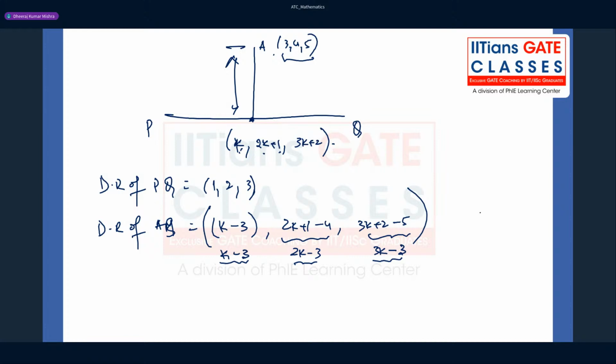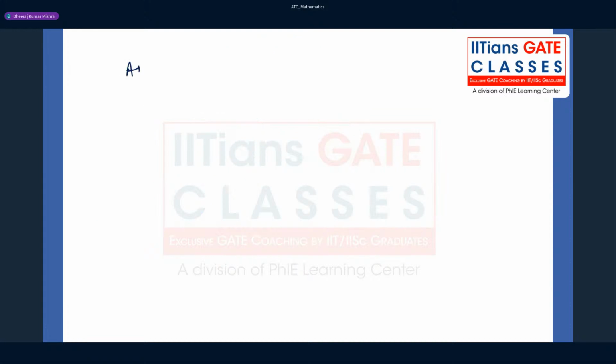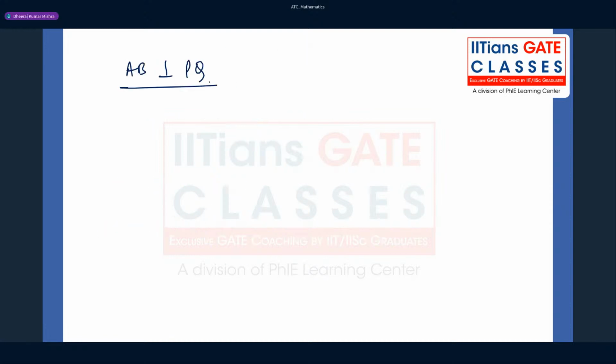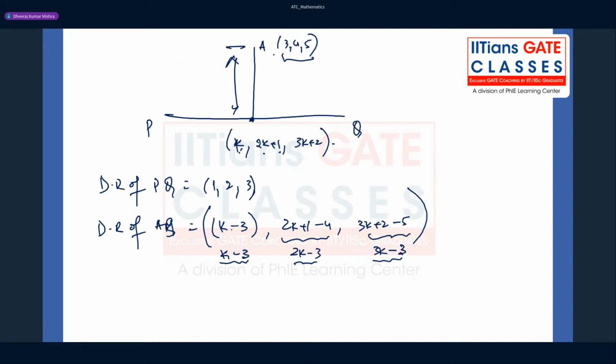Since we know that these two lines are perpendicular to each other, you can say that AB is perpendicular to PQ, right? So you have to understand that the product of these two, you take this and this, should be 0.